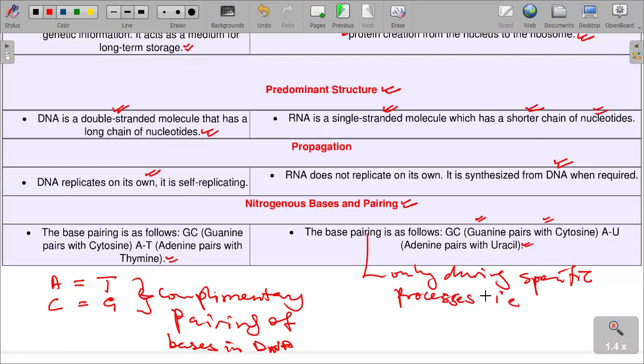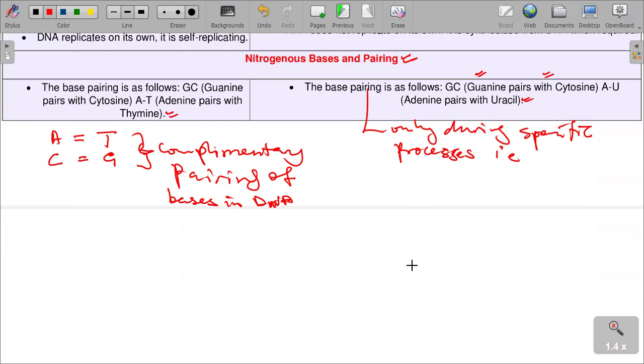That is, transcription or translation processes.